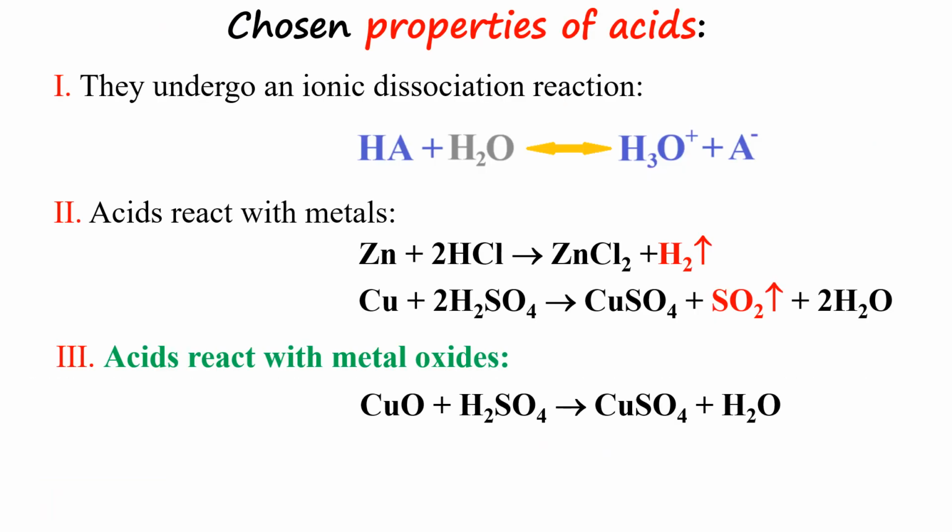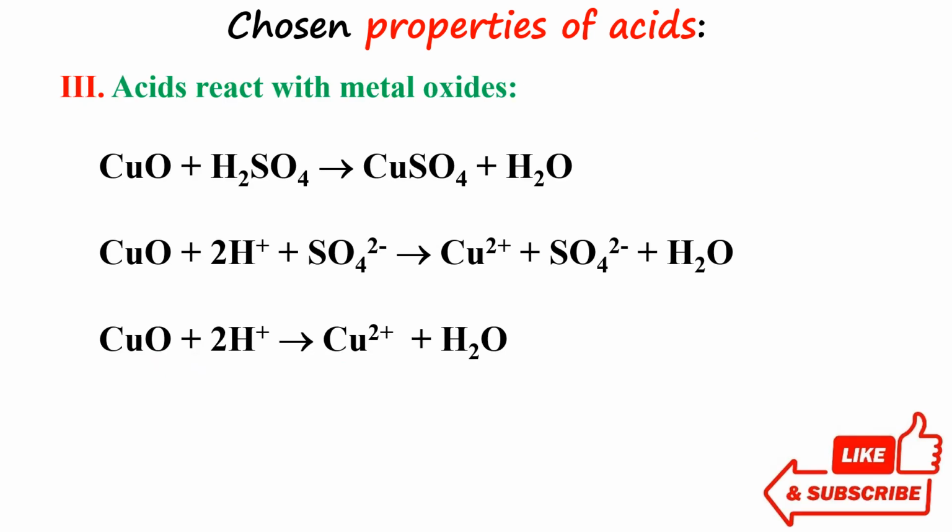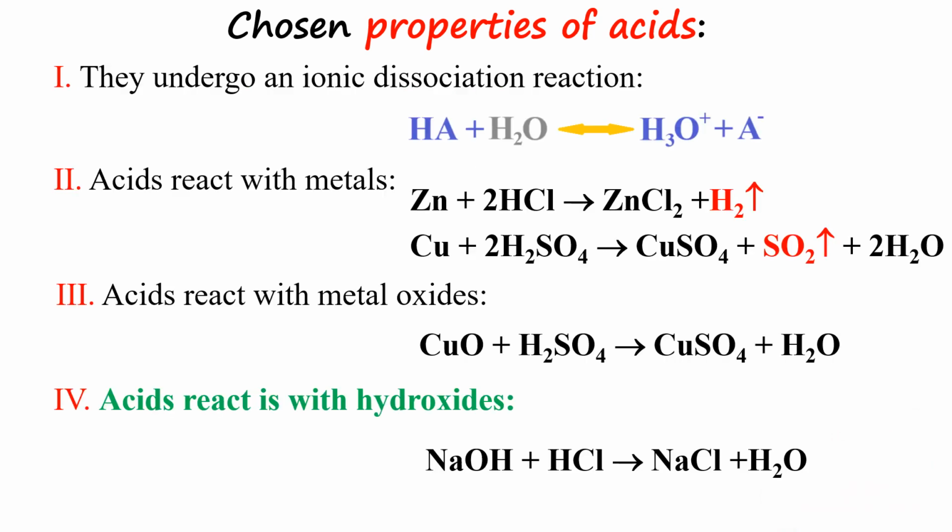Alright, let's go back to another property of acids. Acids react with metal oxides. As an example, I choose the reaction of sulfuric acid with CuO. The products of this reaction are salt and water. This is why the reaction of metal oxide with acid is one of the methods of obtaining salt. The 4th important property of acids is the reaction with hydroxides.